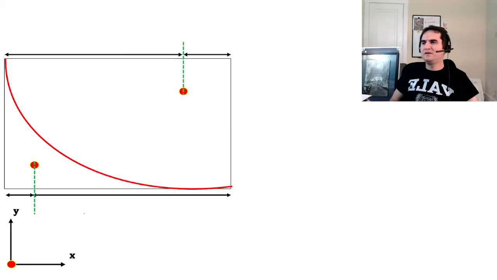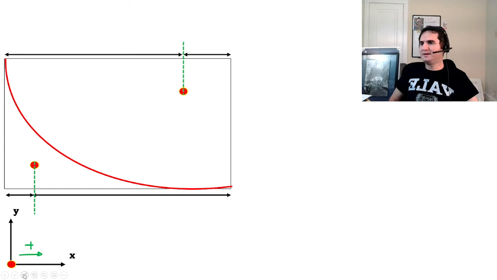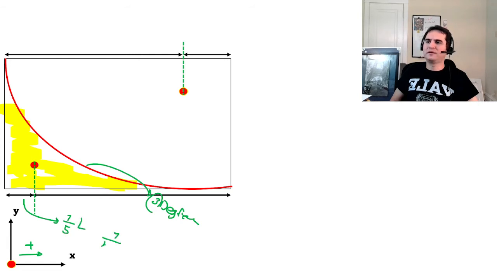If this is the positive x direction, and I already know for a third degree curve, this is the area of a smaller chunk, and that goes by, if that's a third degree, this is 1 over fifth L, that's 1 over n plus 2, and the area goes by a quarter of L times h, if the total length is L and h.